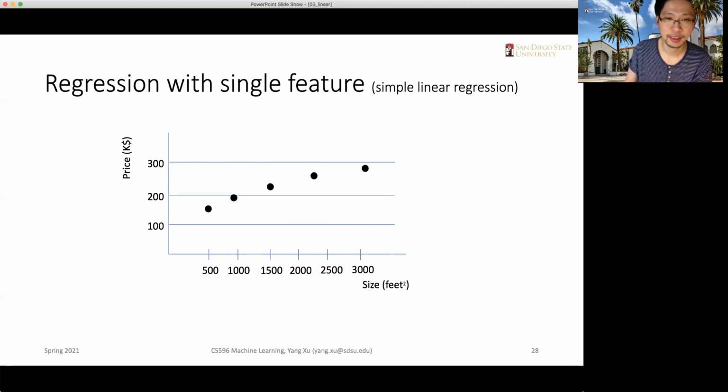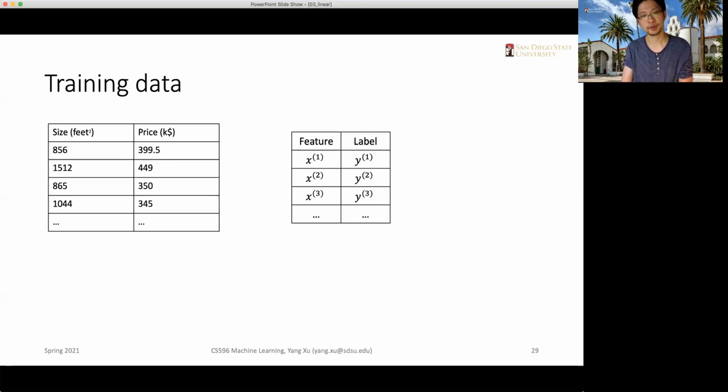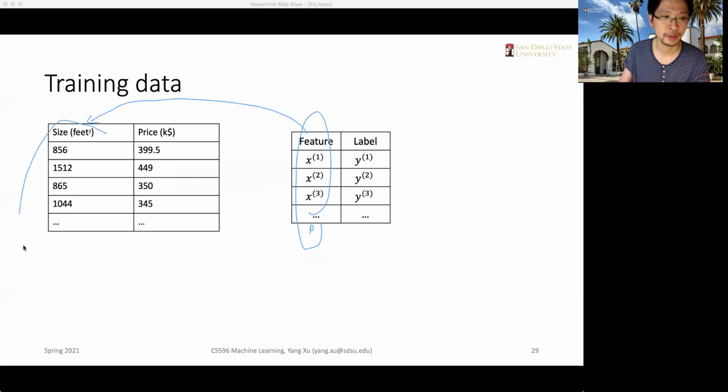Okay, so that's what we've got here. And if we list all the training data into a table view, it will be like this. So the feature is something we use X to denote. It actually corresponds to the size, and the labels Y1, Y2, Y3 actually correspond to the price.